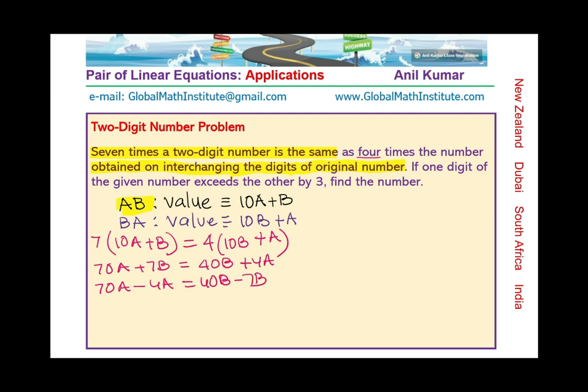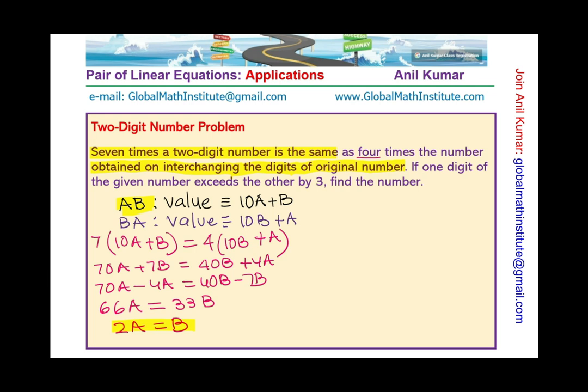Or we get 66A equals 40 minus 7, which is 33B. And that means we get 2A equals B. So we have a relation between the two things, which is AB is something like B is twice A, right?